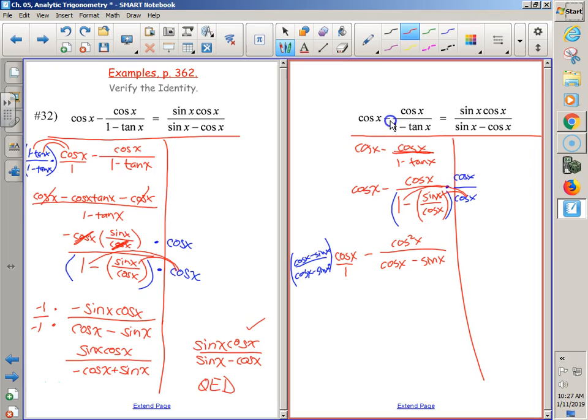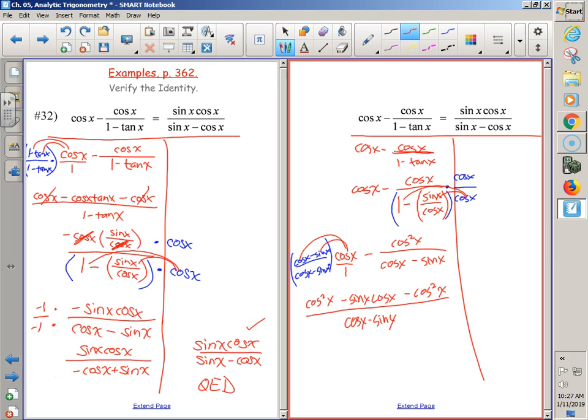We gotta do distribution. But I'm gonna get minus sine x cosine x. I have another minus cosine squared over here because they have like denominators now. Put those fractions together.